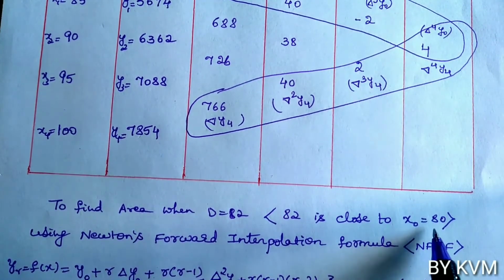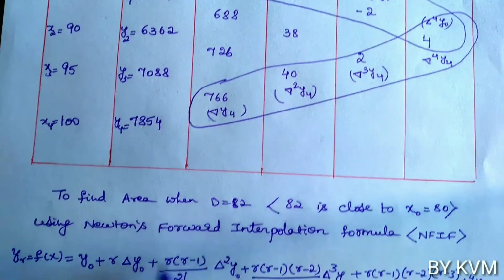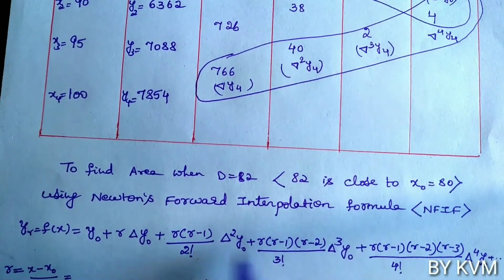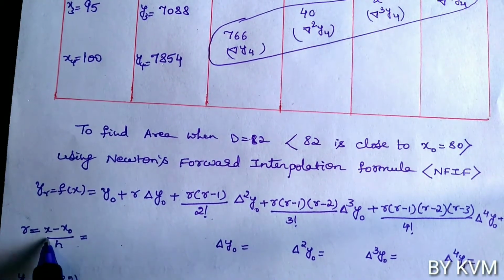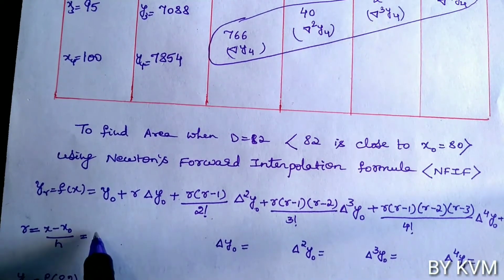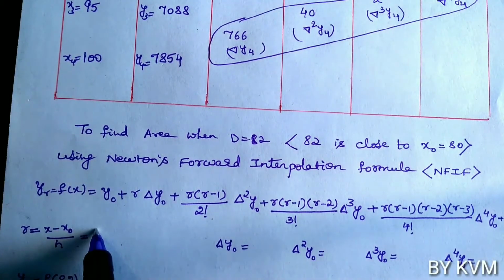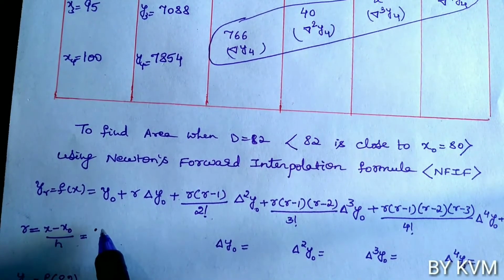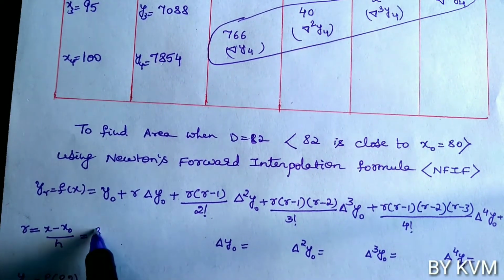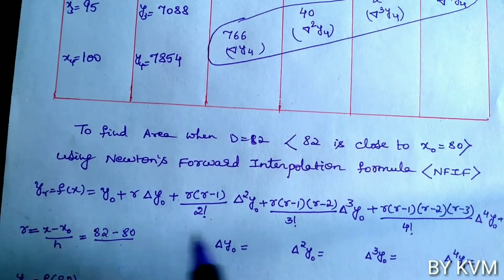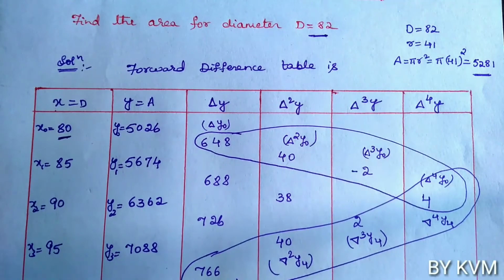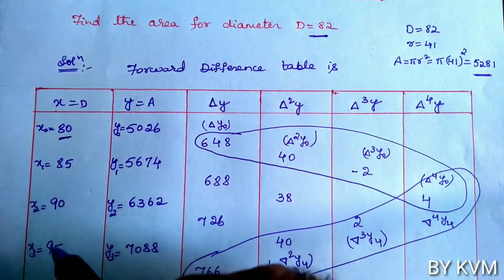So 82 is close to x0, that is 80, so use Newton's forward interpolation formula. In the formula we need the r value. r equals x minus x0 by h. x is the value at which y is required, so x is 82, x0 is 80, by h. h is the common difference between the values of x: 80, 85, 90, 95, 100.